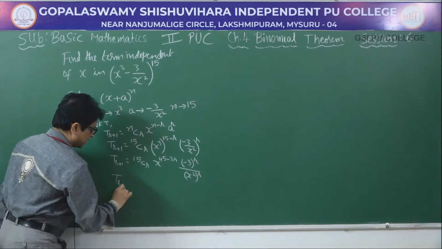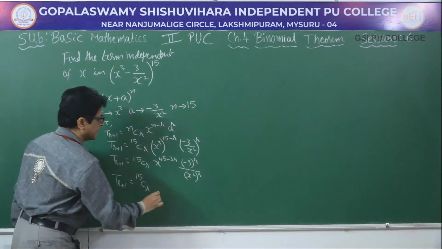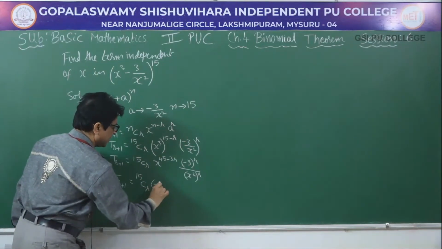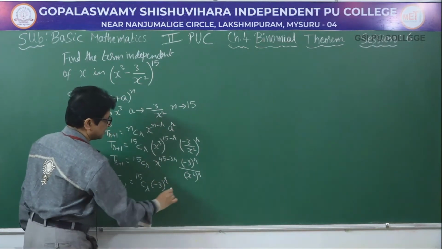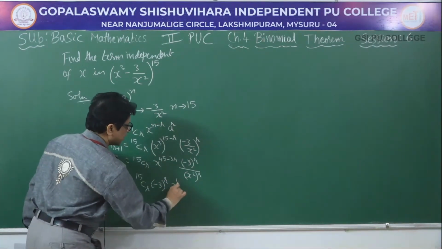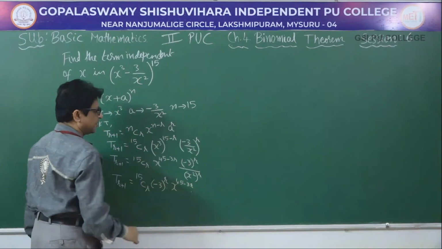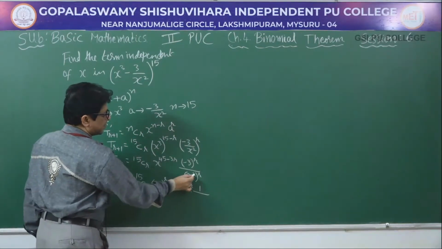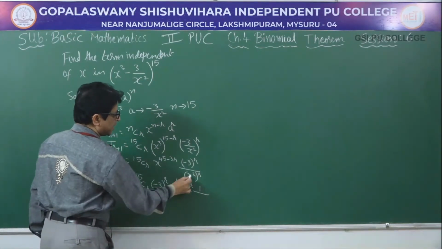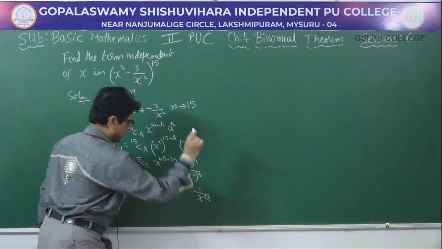So, T(r+1) is equal to 15Cr into minus 3 whole power r into x power 45 minus 3r into 1 by, here (a power m) whole power n is a power m into n, that is x power 2r.